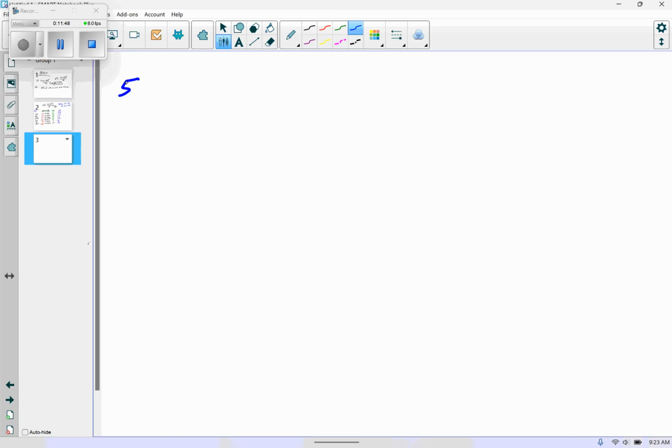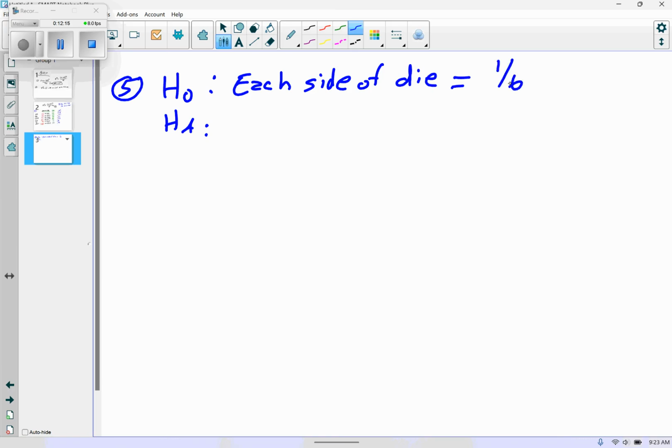So for number 5, we could say that our null is that each side of the die is equal to a 1 in 6 chance, and our alternative is that each side of the die is not equal to a 1 in 6 chance.